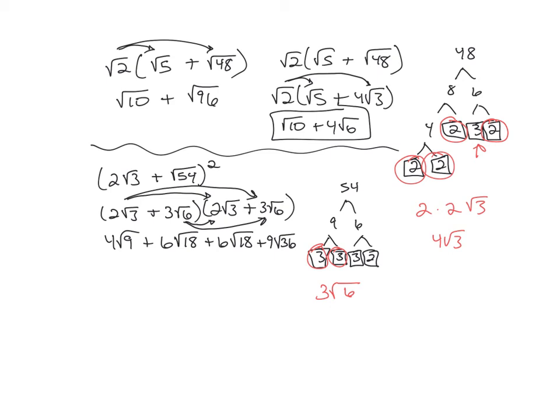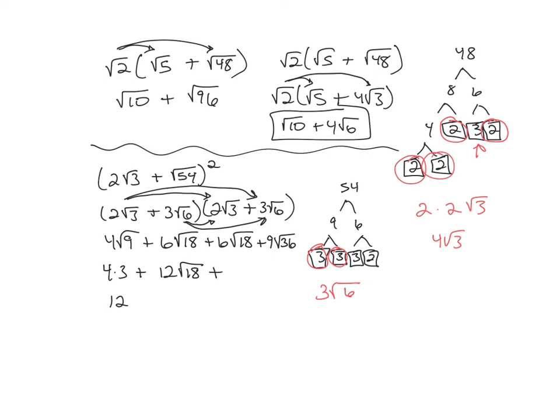Okay, so a couple things here. Number one, I can do the square root of 9, which is 3. Okay, so I get 12. I can combine these two in the middle. Okay, 6 plus 6, 12, square root of 18.